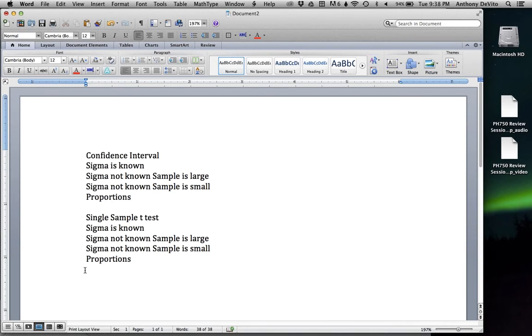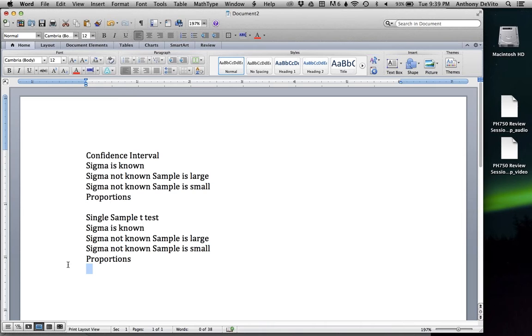As we continue forward, we're going to be getting into more complicated statistical analyses, but this idea of the confidence interval and the single sample t-test is kind of one of the foundations for this whole thing. And it's a little bit easier to understand than directly tackling the two sample t-test or analysis of variance as we move on.